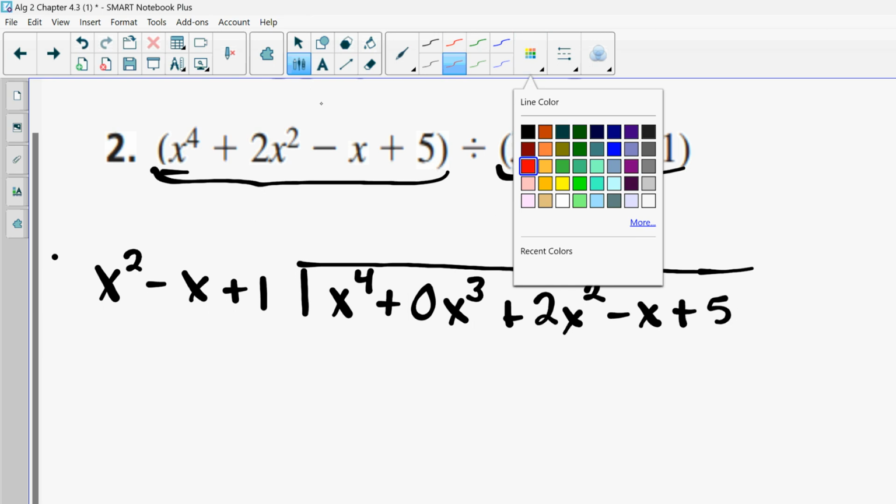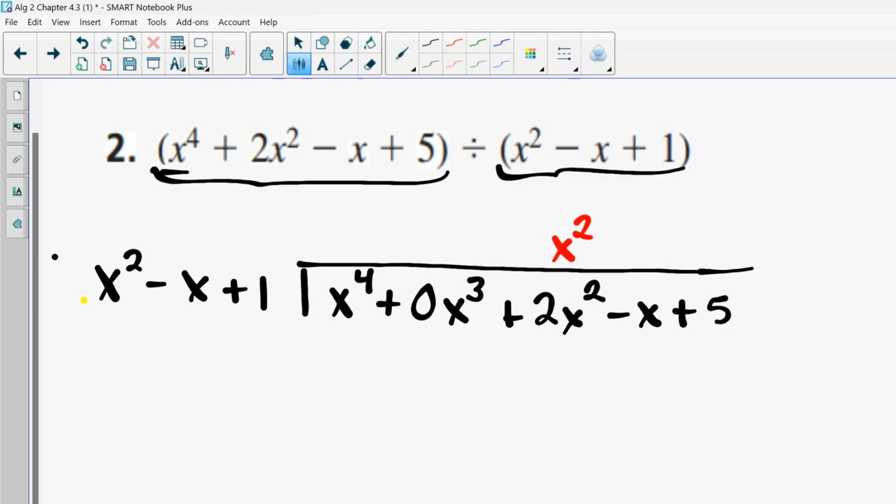Another way we could get at that is counting terms for the starting one, because what we're dividing this by has 3 terms. So I'm going to go 3 terms over here. 1, 2, 3. The third term over is our x squared term, which means the first expression we're multiplying should have an x squared. But that also tells us that the term after it should have x, and the one after that should be a constant.